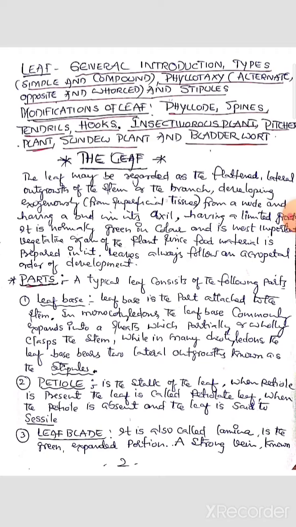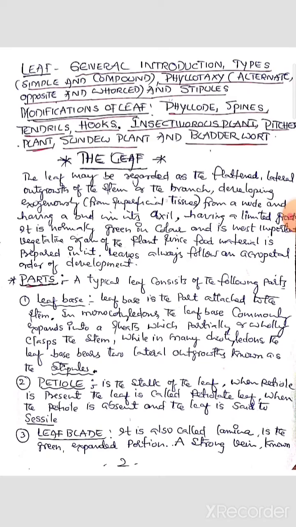First, we study the leaf. The leaf may be regarded as the flattened lateral outgrowth of the stem or the branch, developing exogenously, that is, from superficial tissue, from a node, and having a bud in its axil, having a limited growth.